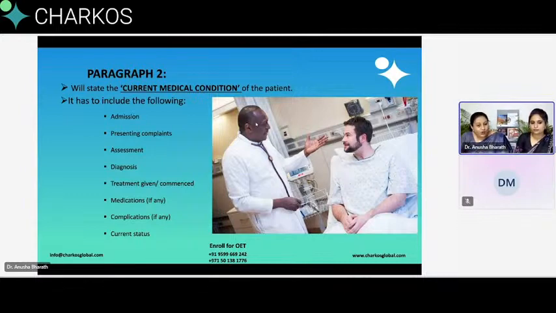And it is very important to state the current status of the patient. For example, the patient would have been admitted, the treatment would have been started, the patient would have been responding in a good manner.